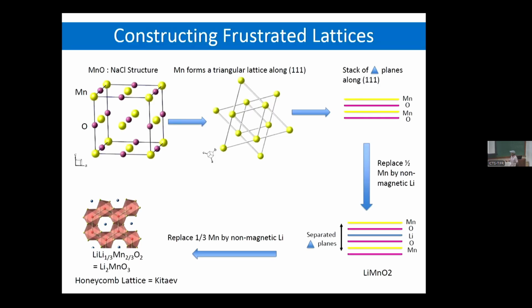And indeed, LiMnO2 exists, and people have done a lot of studies on this for frustrated magnetism and so on. If I further remove 1/3 of the manganese and replace it by some non-magnetic ion, I end up with the honeycomb Kitaev lattice. Okay. And if I remove a different fraction of this manganese, I could get the Kagome. So all of this can come from the rock salt itself.